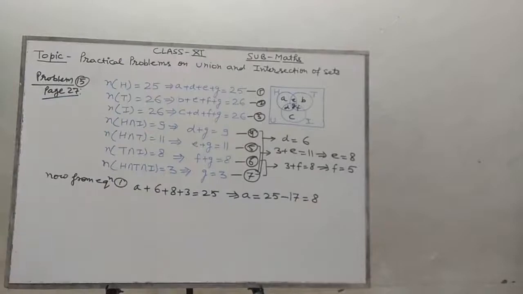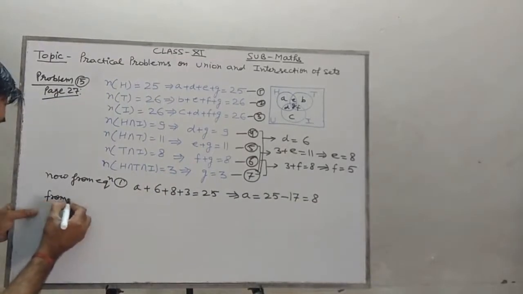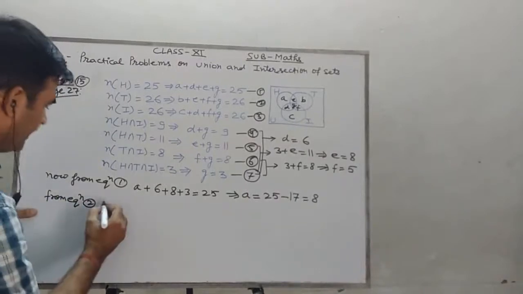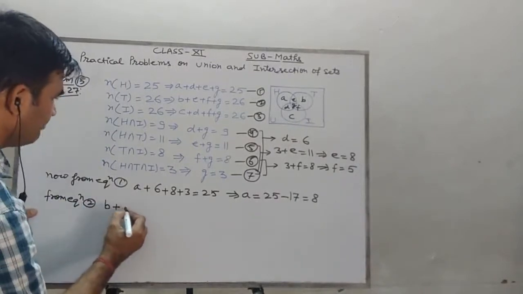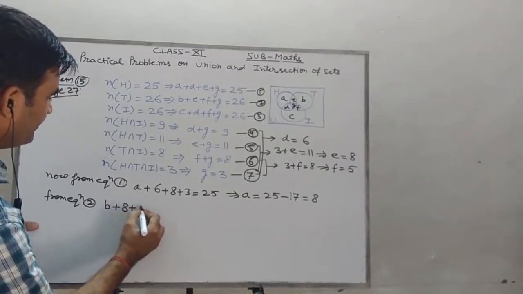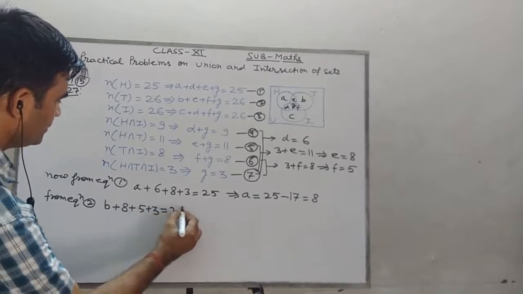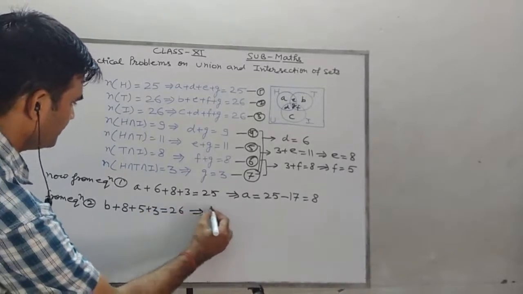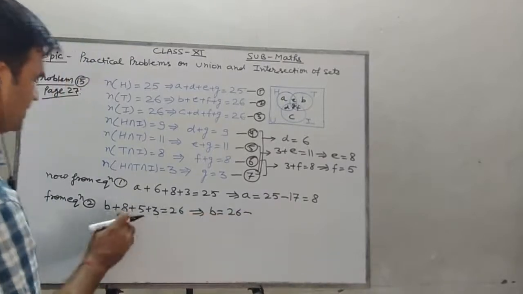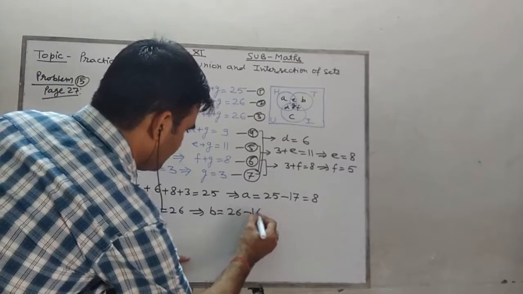The value of A is 8. Similarly from equation 2, B plus E, E means 8, F means 5, and G means 3, equals 26. This implies B is equal to 26 minus 16, that is 10.